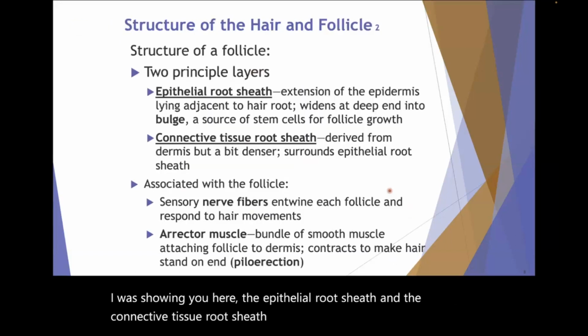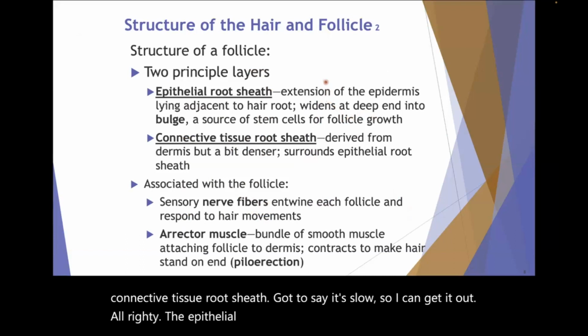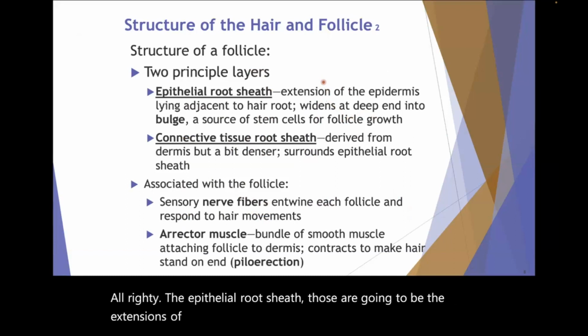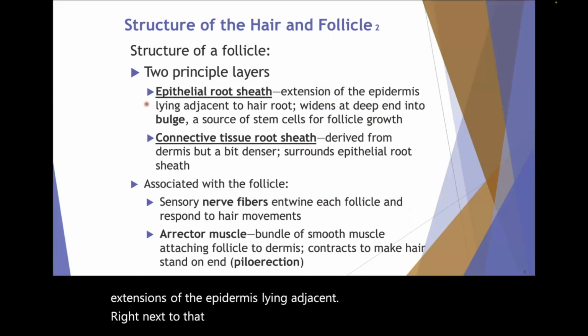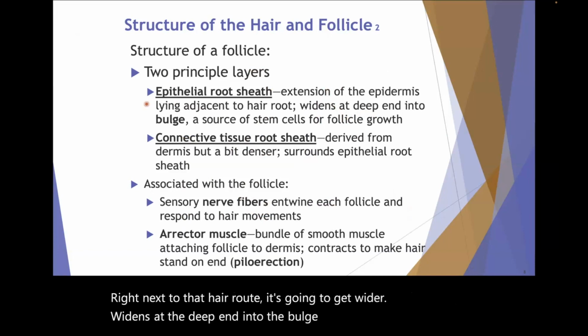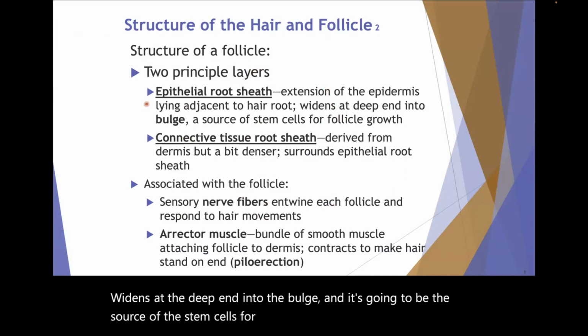Got to say it slow so I can get it out. All righty, the epithelial root sheath. Those are going to be the extensions of the epidermis, lying adjacent right next to that hair root. It widens at the deep end into the bulge, and it's going to be the source of the stem cells for that follicular growth.